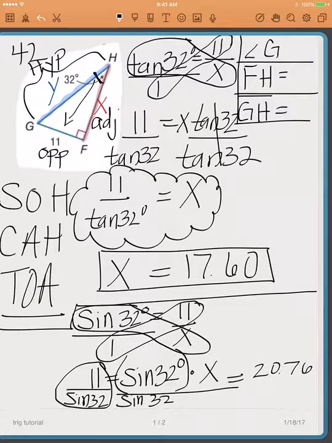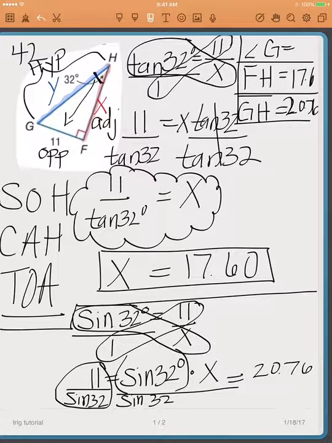FH is 17.60. I have GH, which is 20.76. And then I have angle G, which, well, how would we find angle G?